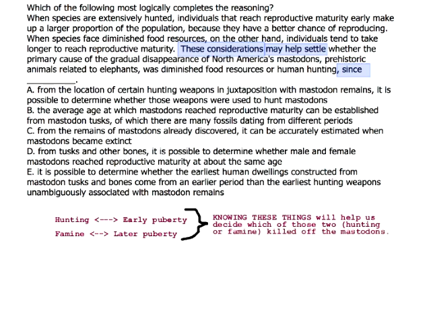Okay, so now what you don't want to do is just pick some other random thing that would help us tell. I'm looking specifically at choice E. Choice E is a totally different, unrelated thing that might help us tell. Yeah, because if the dwellings made of these things were earlier than hunting, then hunting probably didn't kill them. But that has nothing to do with the science they presented earlier.